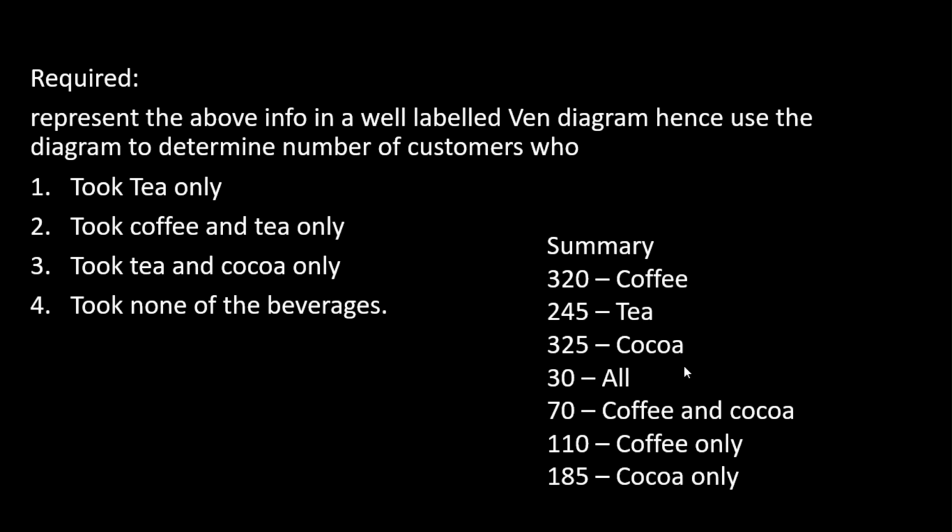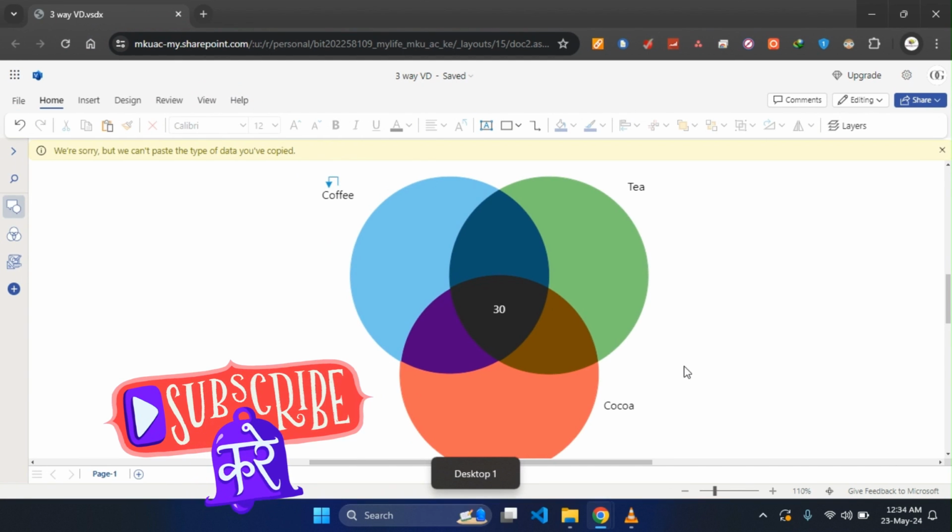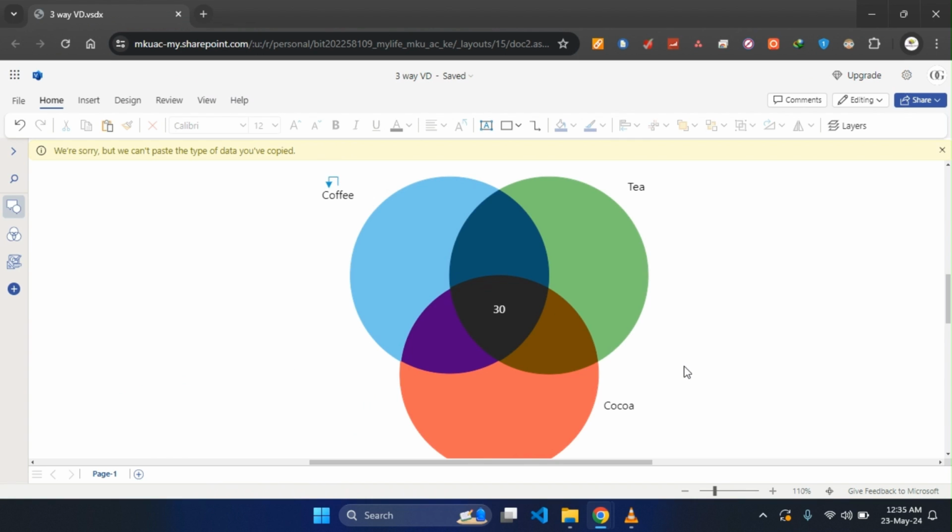What constitutes coffee and cocoa? So let's go back to our diagram and see coffee and cocoa. We already know that 30 is everyone, and then what does that show us? If 70 took both, and already we have 30 for coffee and cocoa right there, that would mean those who took both coffee and cocoa, cumulatively, are supposed to be 70, and 30 took everything.